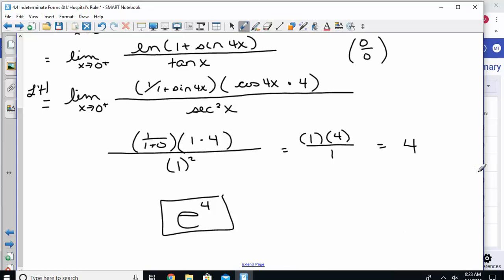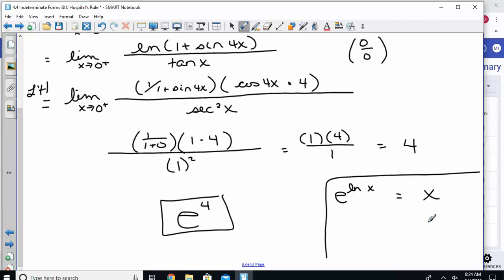Okay, the reason behind that is if you have e to the natural log of, let's say, x, that just gives you an x. What we did is we evaluated this natural log of whatever, that whole function we started with. We got our answer. So our final answer is e to that number.